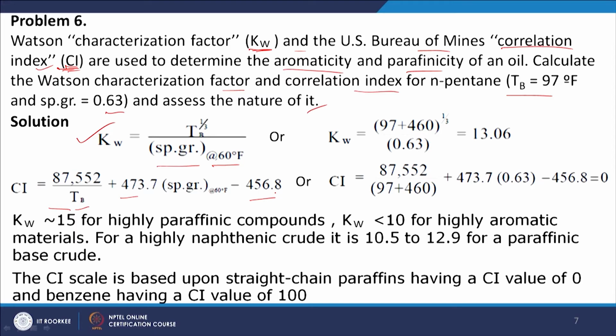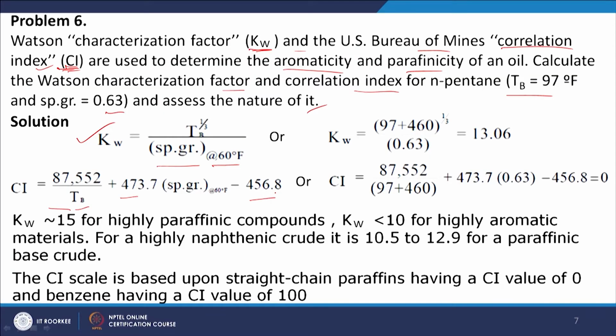around 15, then it is highly paraffinic compounds, and if it is less than 10, highly aromatic compound, and for highly naphthenic crude it is 10.5 to 12.9 for a paraffinic crude base. And Ci index, that is a correlation index Ci, that Ci scale is based upon straight chain paraffins having Ci value of 0.